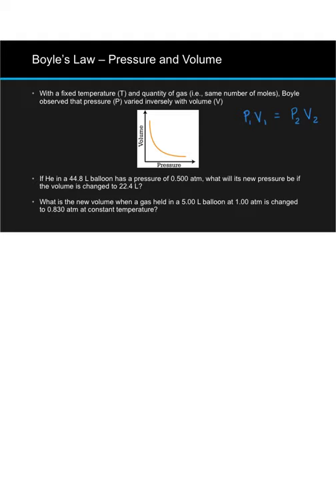Again, if we make a list of all the things that we know about, we know that at an original set of conditions, the pressure was 1 atmosphere, and the volume of our gas was 5 liters. At a new set of conditions, the new pressure is 0.83 atmospheres, but we're after a new volume. So once more, Boyle's law, P1 V1 equals P2 V2, seems like the appropriate choice for solving this problem.